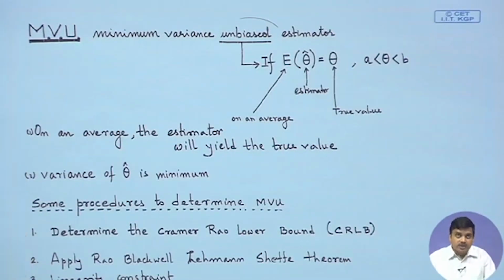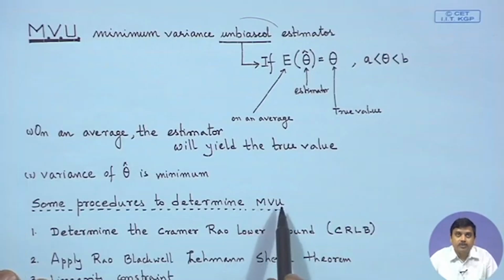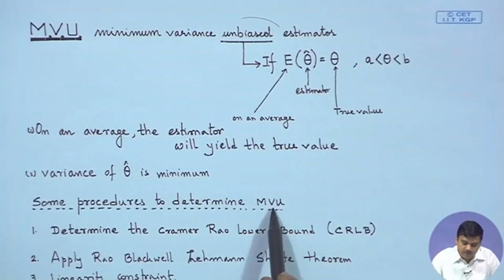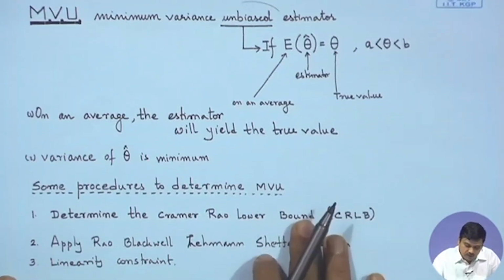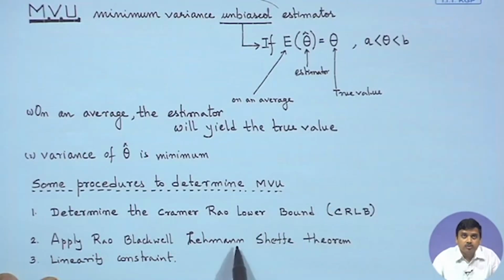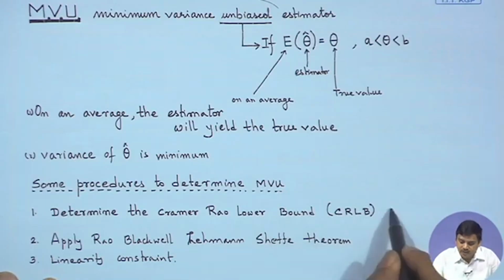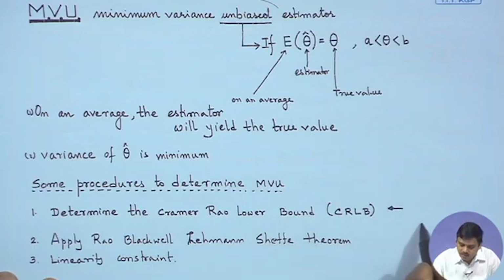So, some of the procedures to determine the minimum variance unbiased estimator are through the Cramer-Rao lower bound, which we will see shortly, and through the Rao-Blackwell-Lehmann-Scheffé theorem, or with linearity constraint. We will restrict ourselves to this, and then we will move to the maximum likelihood estimator.